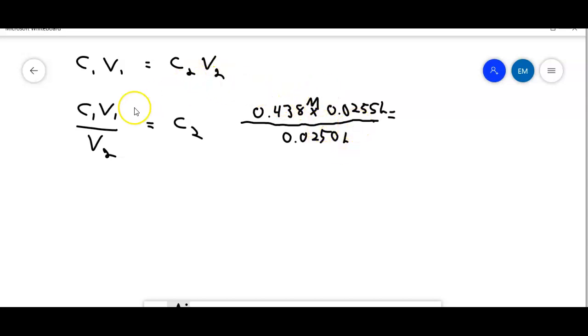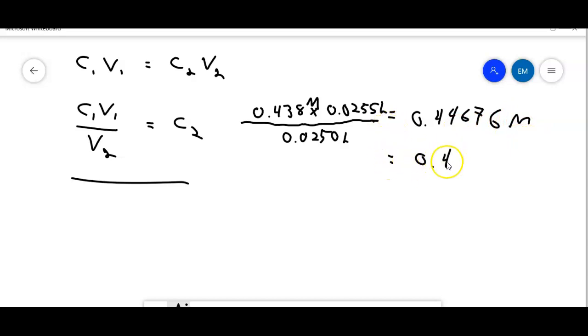And you do that, see, this is this equation here, and you're going to end up with 0.44676 molar. And then, of course, you round that to 0.447 molar. You really have to understand this well in order to use that little trick, but that's really what you're doing.